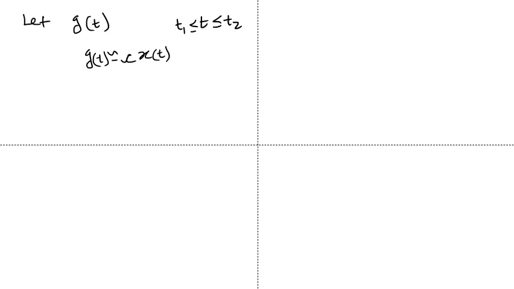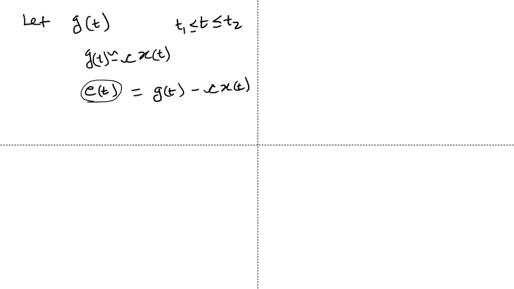Obviously, if you are approximating it, there is an error. So the error signal will be equal to the actual value of g(t) minus the approximate value of g(t), that is c of x(t). Now, in order to minimize this error, we will try to minimize the energy of the error signal.